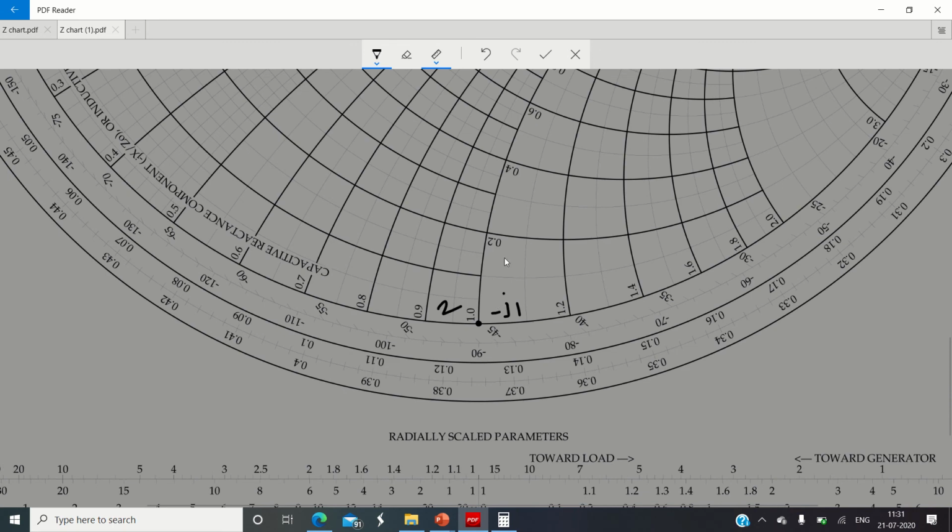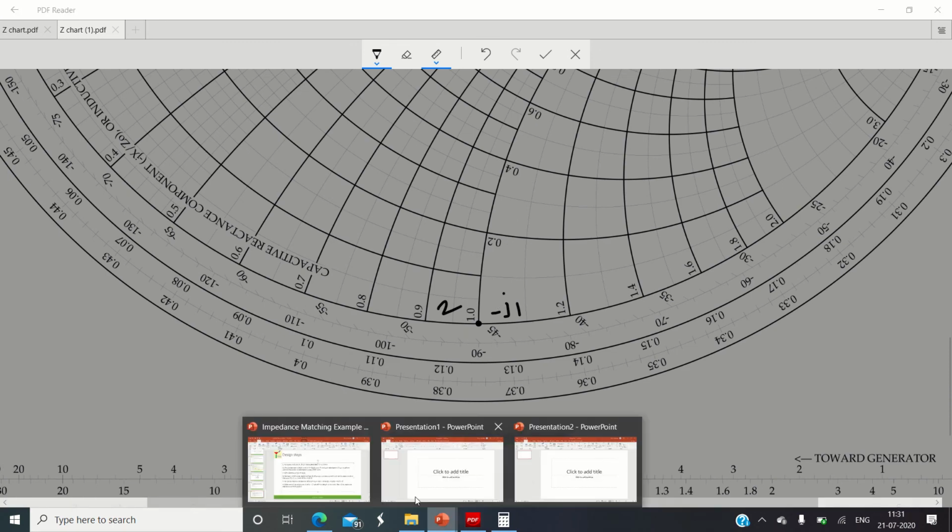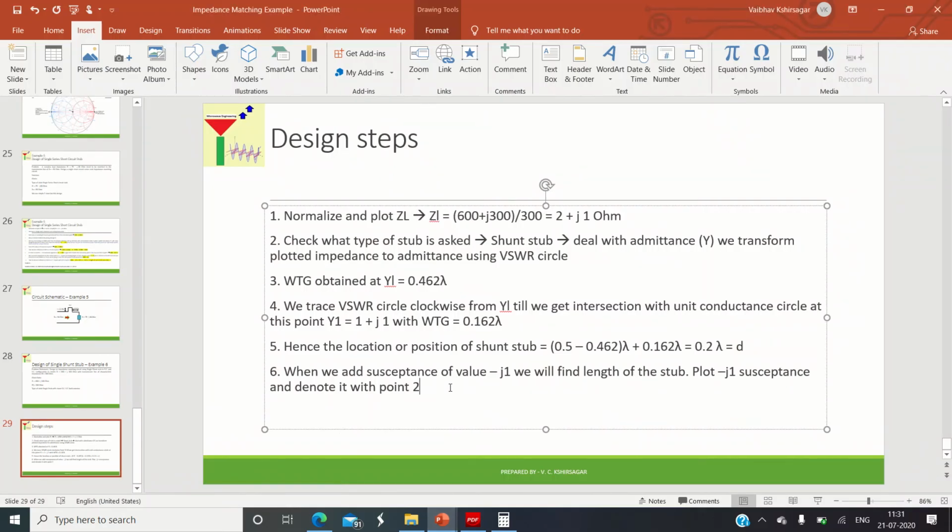Okay, so when we plot that, we read WTG at that point. Okay, and here we write and we read WTG at point 2. Okay, so what WTG we get there? Let us write WTG is equal to whatever value we will get over there.